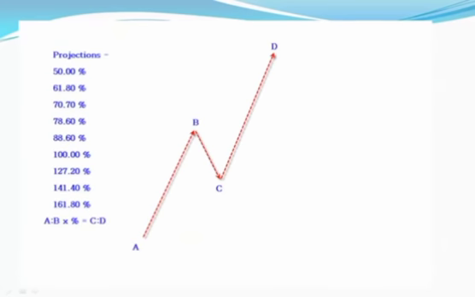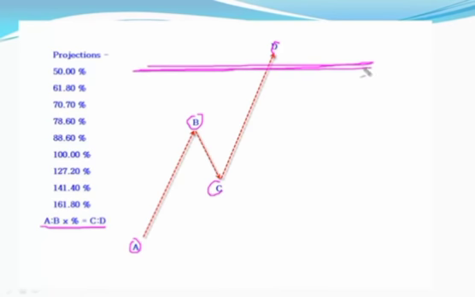Okay, now projections of what we had just discussed, where you have your A to B equals C to D. Now the trick is, here's a percentage. The question is, is there a key resistance up here somewhere that the market is watching?